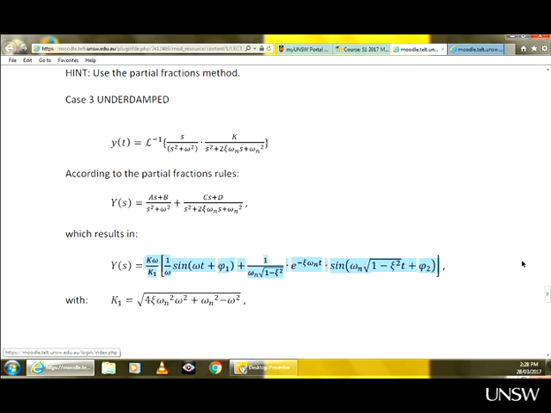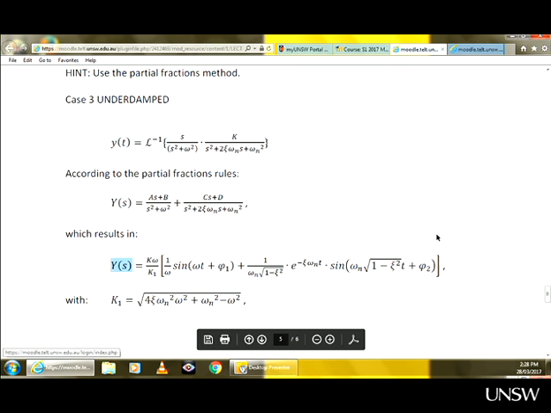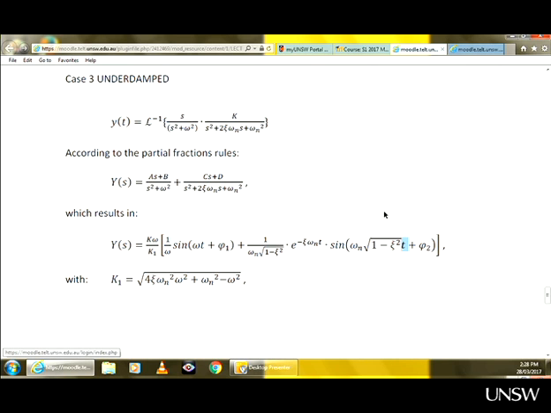Okay, we have a misprint here. This should actually be y of t. So I'll try to remember to correct it. Please correct this. This is small y of t, because as you can see, it is a function of t, not of s. Okay. So the output in the time domain is what we have here.